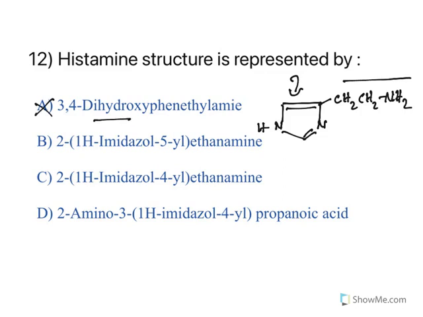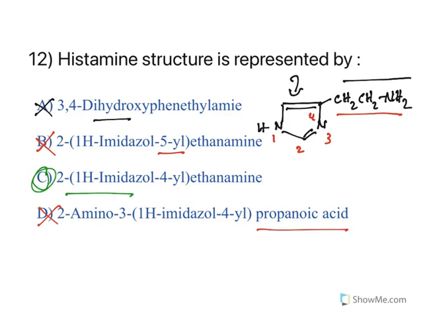Dihydroxy, no, no hydroxy groups are there. Now again, understand the numbering. It starts from 1, 2, 3 and at the 4th position you have the substitution. So not the 5th position. So this is not it. And propionic acid, no, no acid is there. So without learning much you can easily write the answer as this one. But let us understand the name itself. So this is the answer.